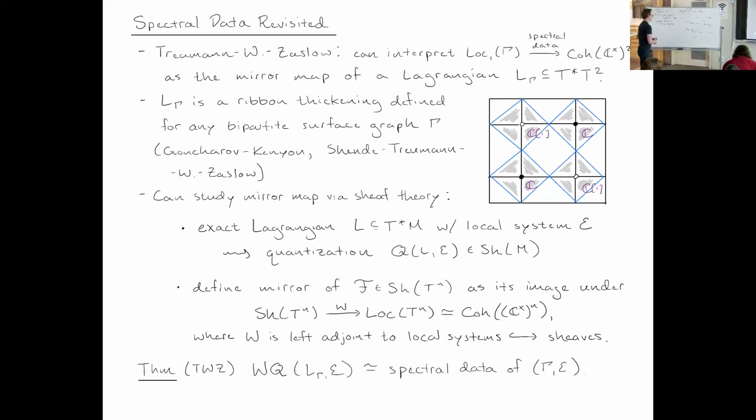Your quantization would get you back the sheaf whose singular support L had smoothed, right? So this sheaf quantization is roughly some kind of inverse to the formation of singular support.